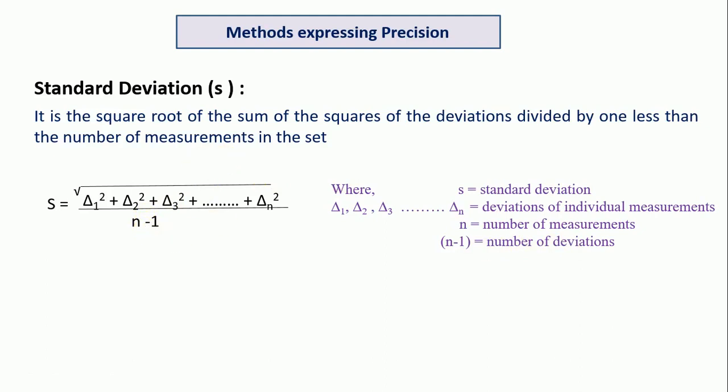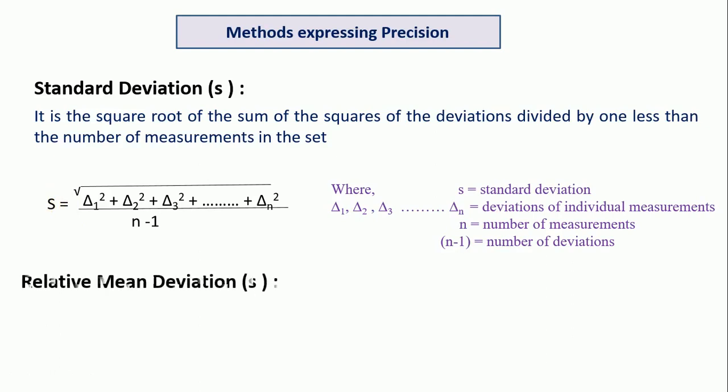So if we know delta 1, delta 2, delta 3 up to delta n, then we can easily calculate the value of the standard deviation.